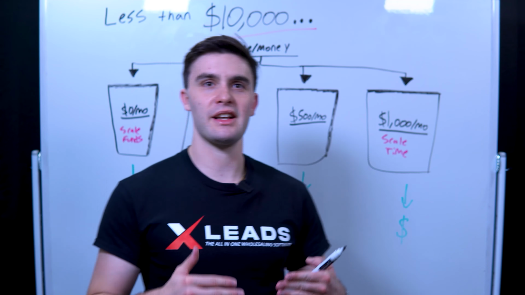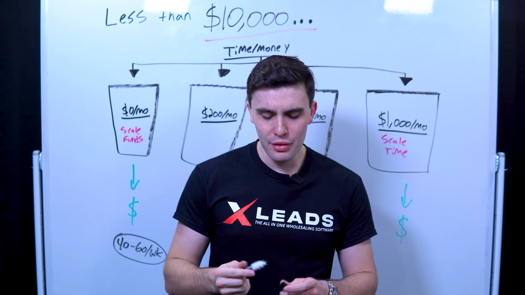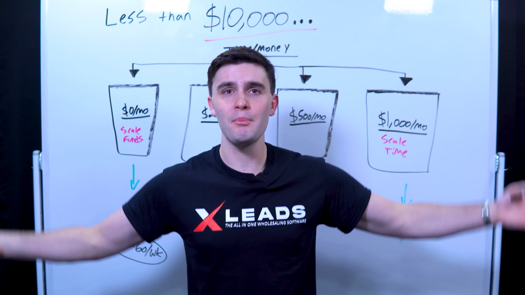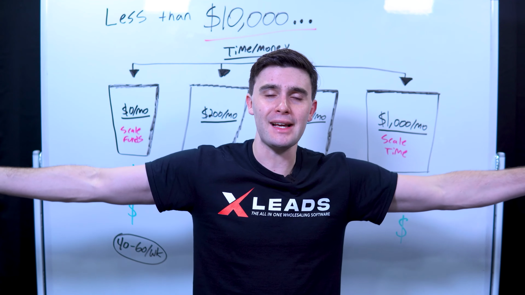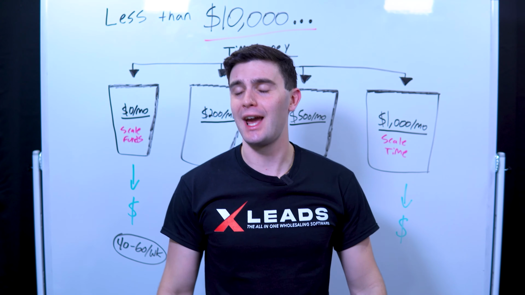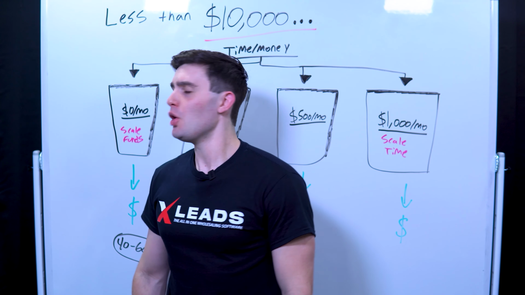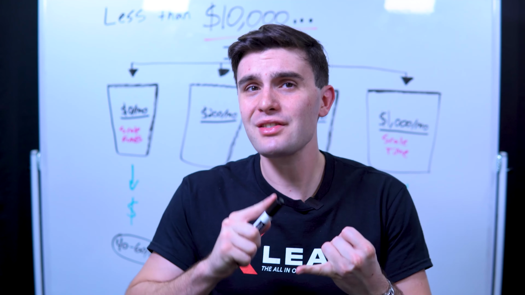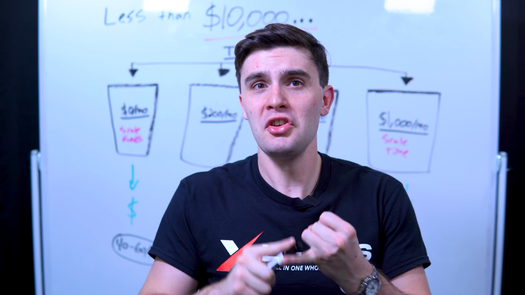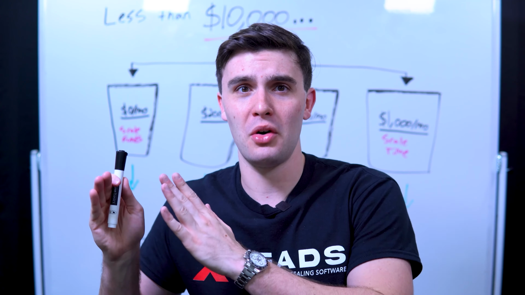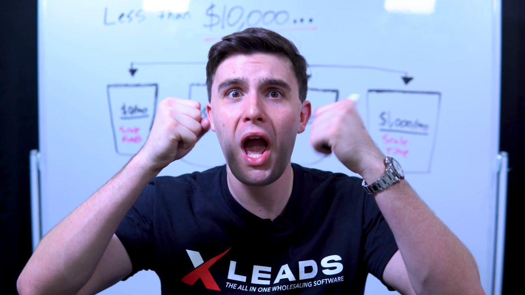Now, I know that sounds offensive, like, Zach, dude, I work a full-time job, bro. What do you mean I can't make 30 grand on the side and I have to work 40 hours a week? That's stupid. Bro! $30,000 a month and you have to work 40 hours a week? Where?